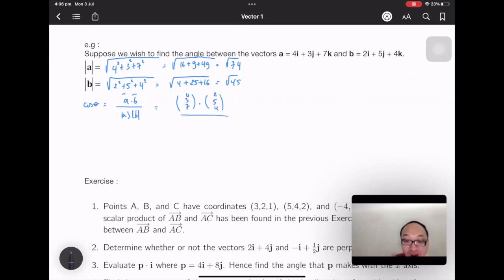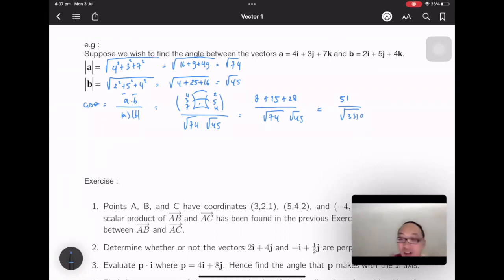A dot B divided by the square root of 74 times the square root of 45. Multiply this out: 8 plus 15 plus 28. So this equals 51 over the square root of 3330.